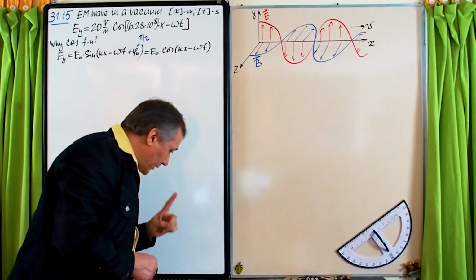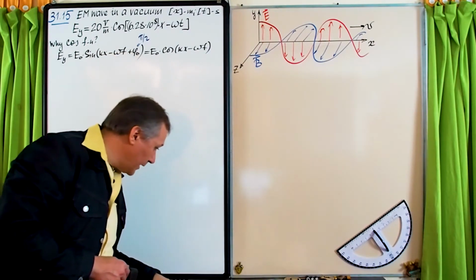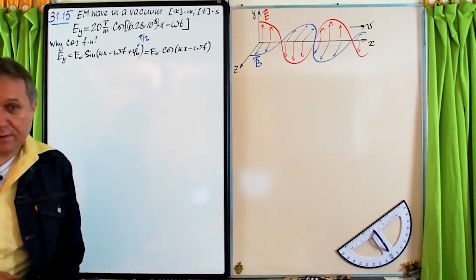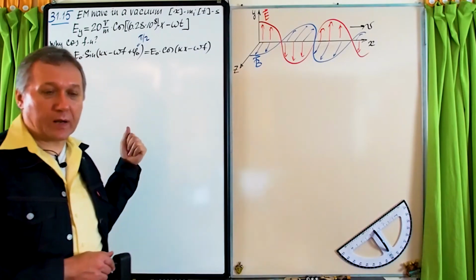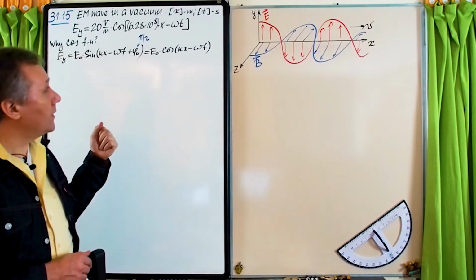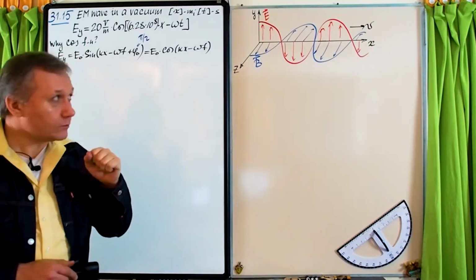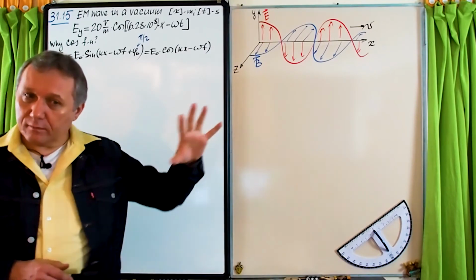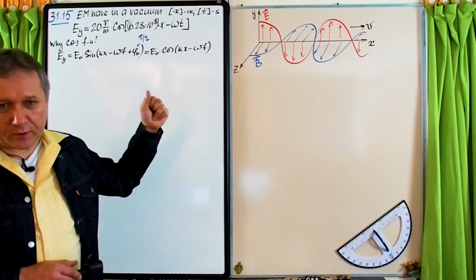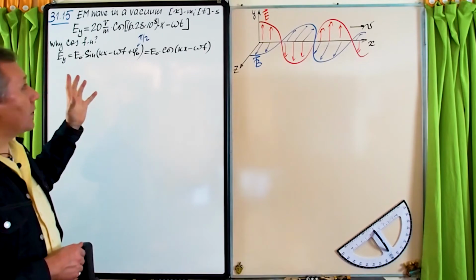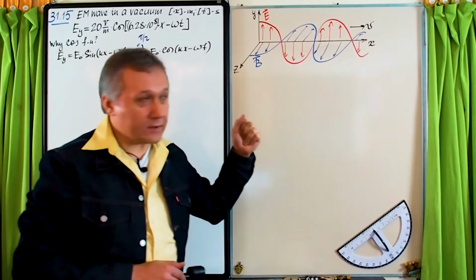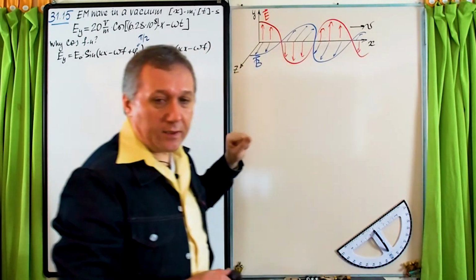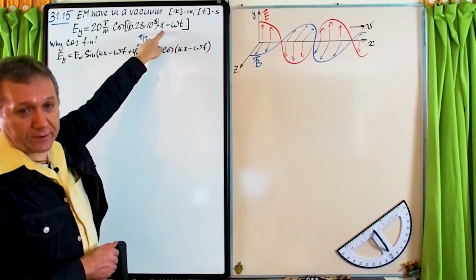Let me check if I mentioned everything. Okay, now let's find what the problem asks us to find. Before I go, quite often I give something like this on the final exam. If the wave propagates in the z direction, over here we would have z.